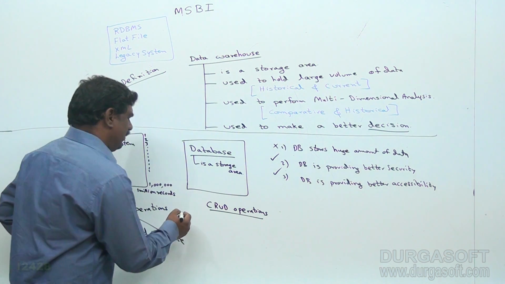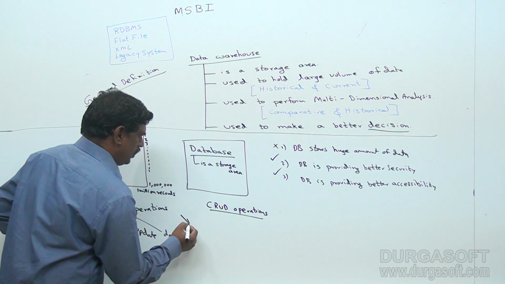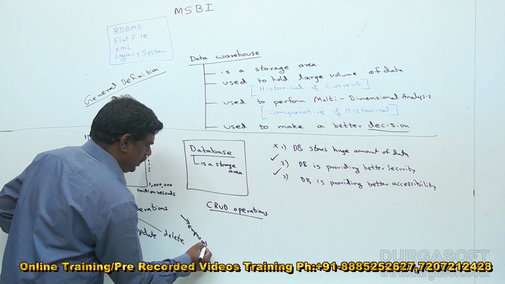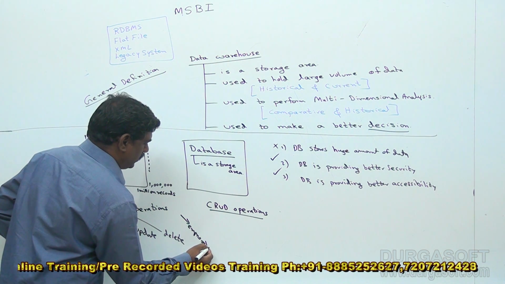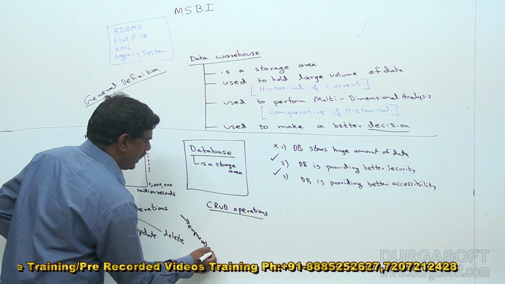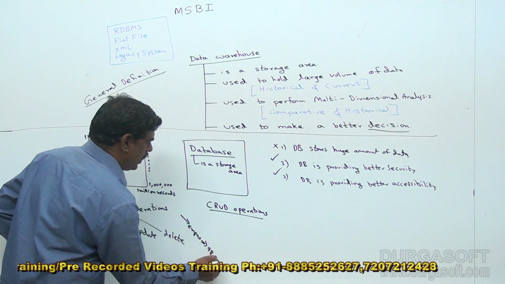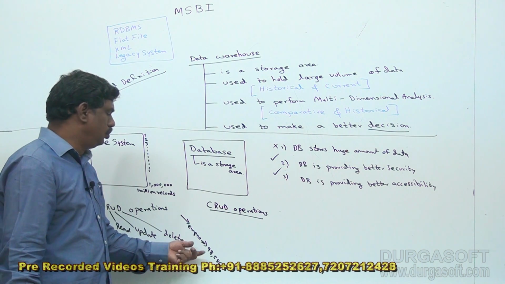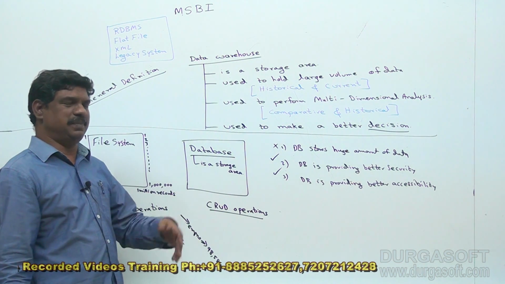Now you get a requirement: the employee number is something like 98,586. You want to read this employee record and display it.